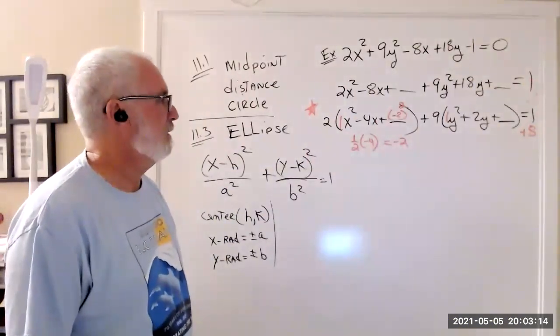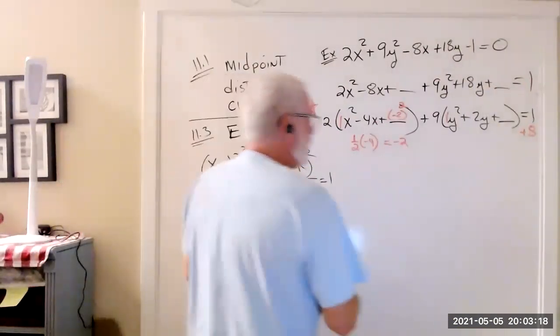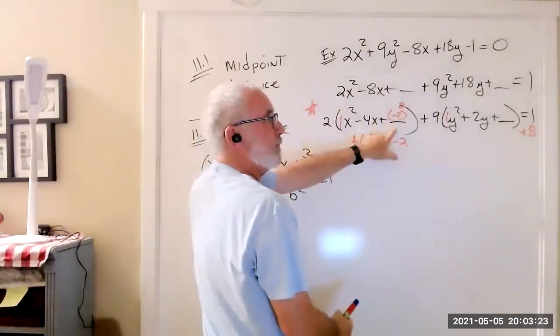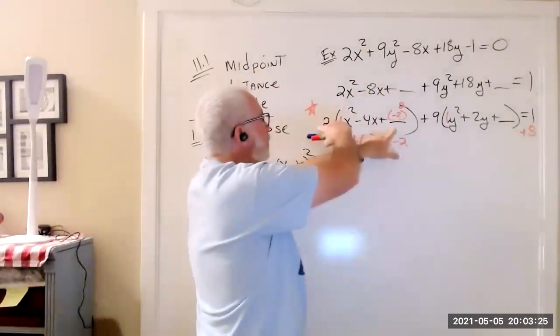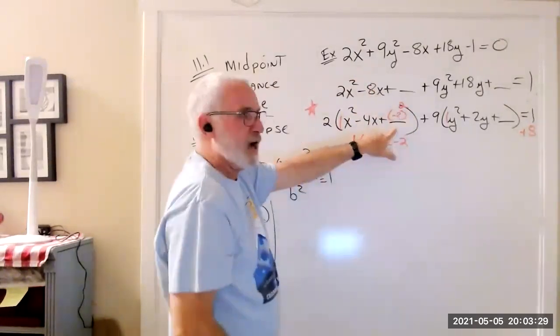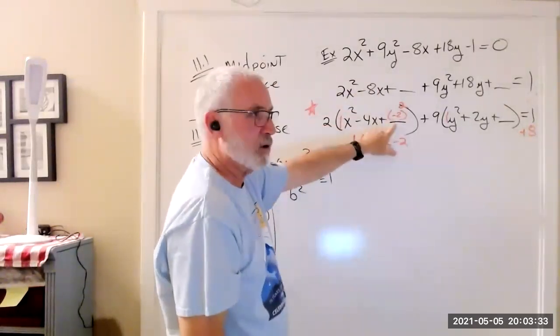Is that because of the 2 you factored out? Good. Because inside the parenthesis, that is 4. But it's being multiplied by this 2. So what have I actually added to the problem? 2 times 4.